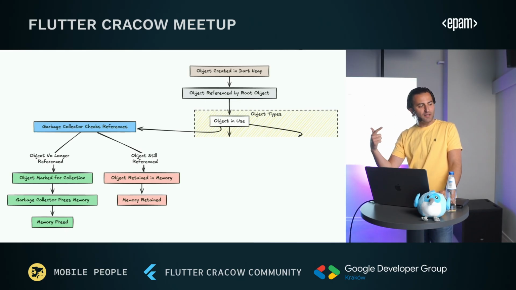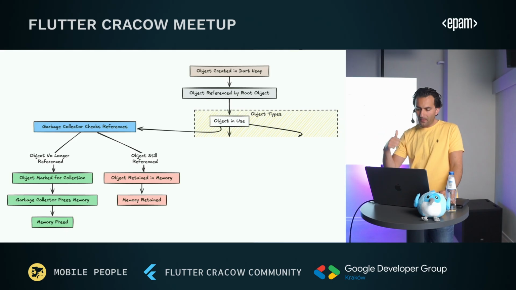It gets marked, and then during garbage collection, whatever is marked is going to be freed up, swept away. But if there's still a reference to an object, and I'm focusing on the reference part of it, it will still remain in the memory.